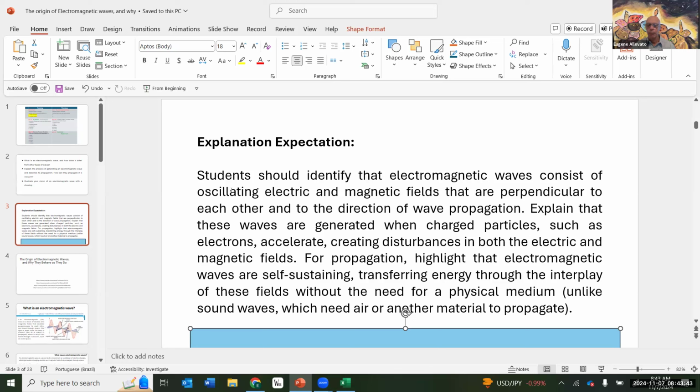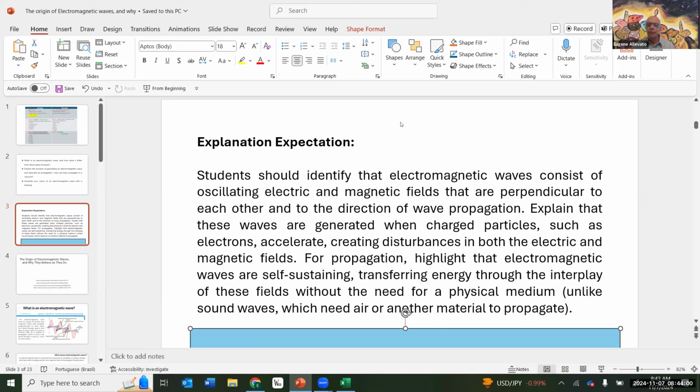And remember the wire experiment, the Ørsted experiment: the magnetic field was perpendicular to the current, right?